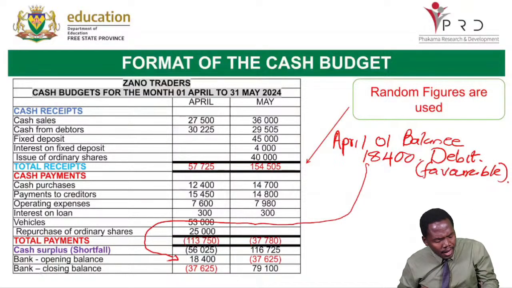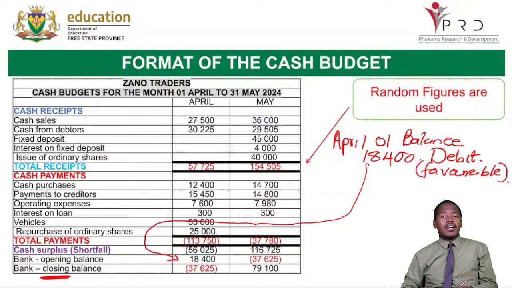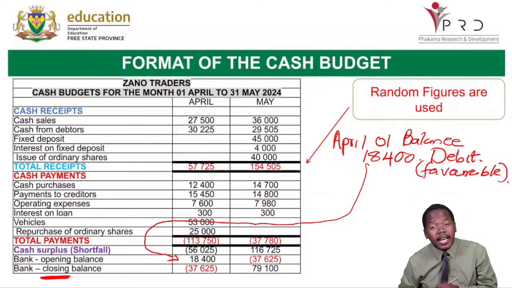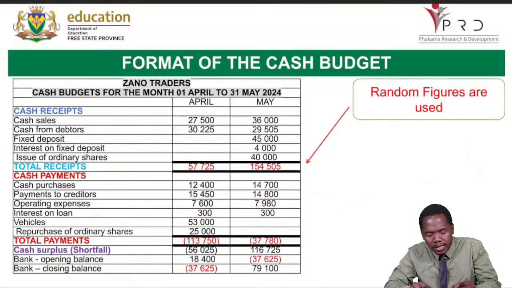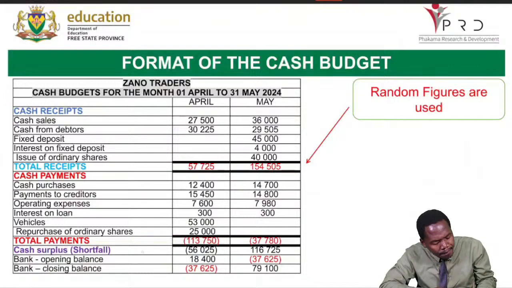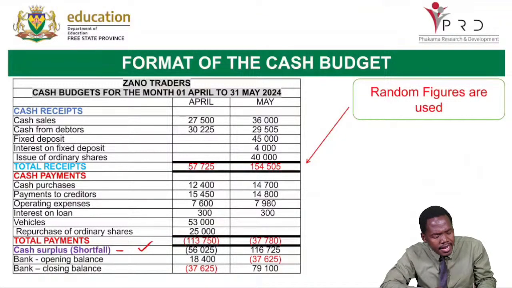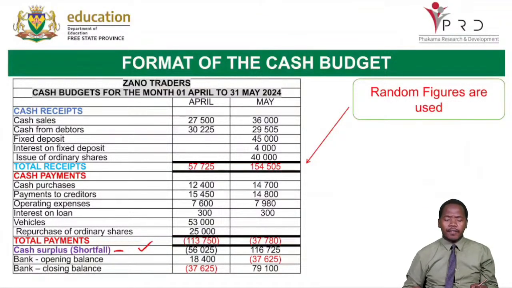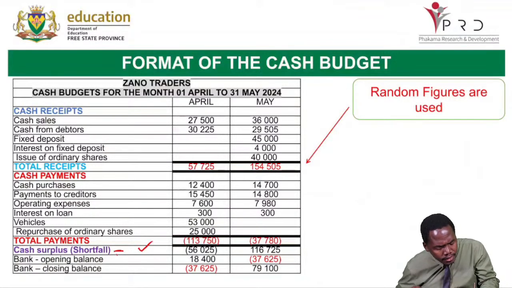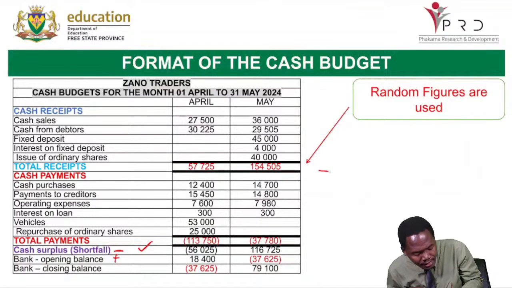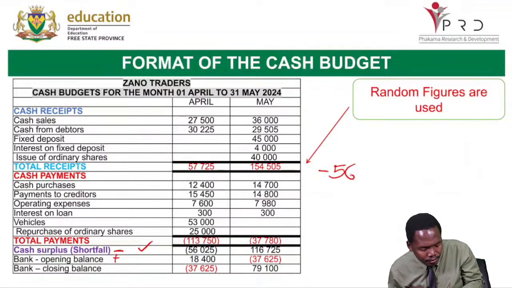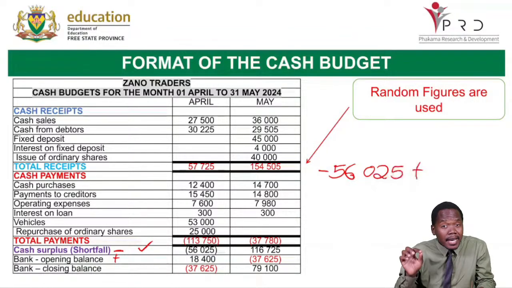Now, we are coming to the closing bank balance. How do we get the closing bank balance? You just remove this again so that it's going to be clear. Now, I have my 56,025 that is negative, okay? Meaning it's a shortfall. And I have a positive amount. If I say negative 56,025 and plus, why am I saying plus now?